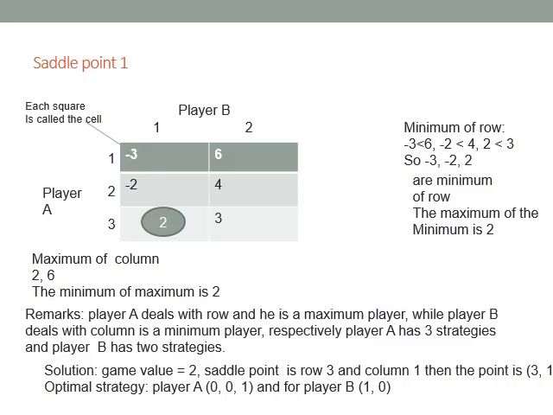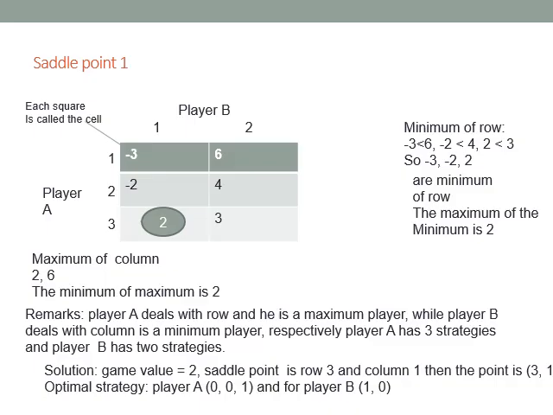This table consists of 3 rows: row 1, row 2 and row 3. These rows can also be called strategies.